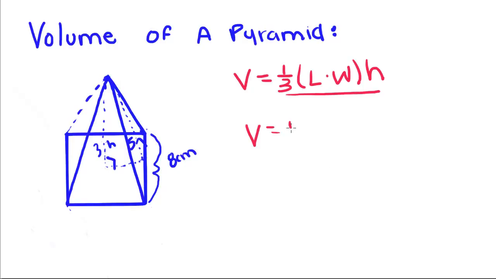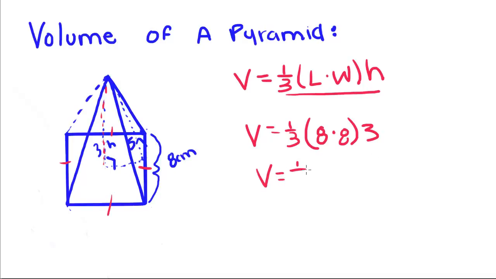So volume is equal to 1/3, and since we know that the bottom of this is a square, it'll be 8 times 8, or 8 squared, times our height, which is this line right here, which just so happens to be 3.